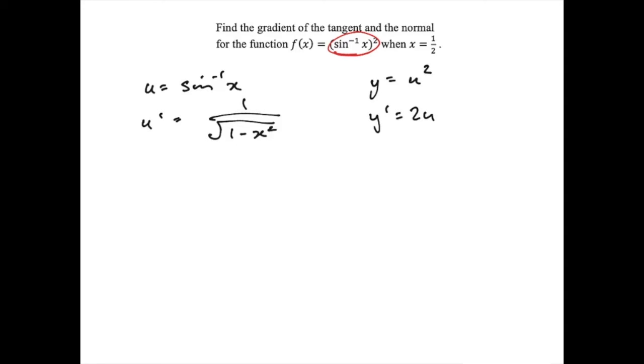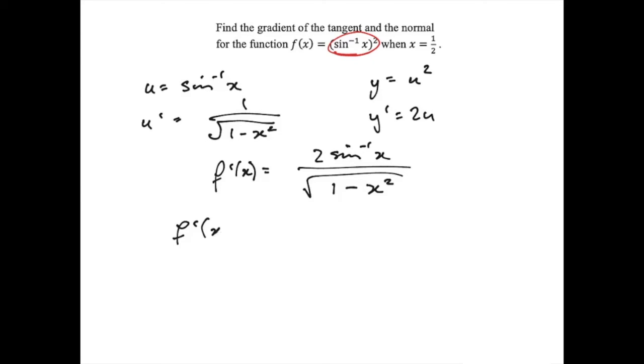So because it's a chain rule, we multiply those two together, so we get 2 inverse sine x over root 1 minus x squared. Okay, so we want to find the value of the derivative at 1/2.